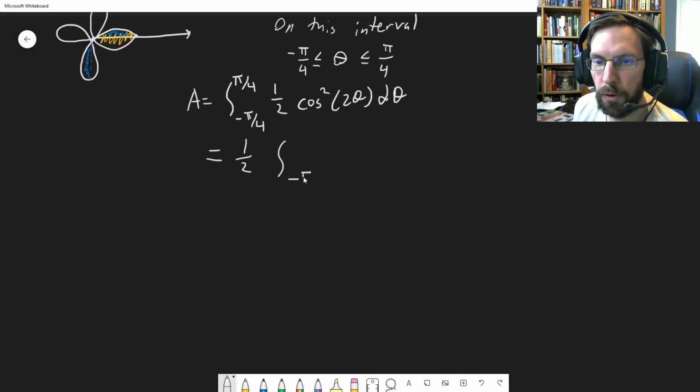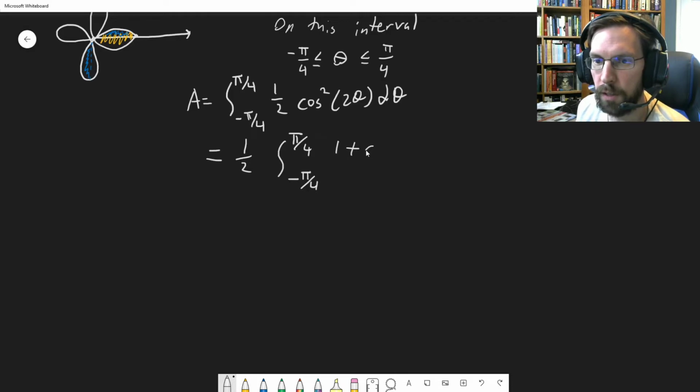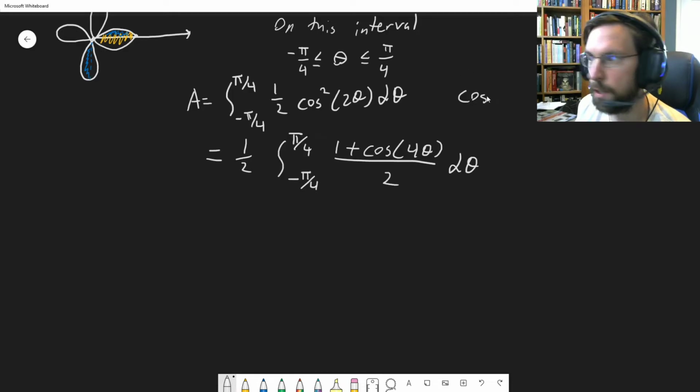If you remember all the way back when we talked about types of trig integrals, when we have cosine to an even power, we can use our half angle identity. So our half angle identity gives 1 plus cosine 4 theta over 2 d theta.